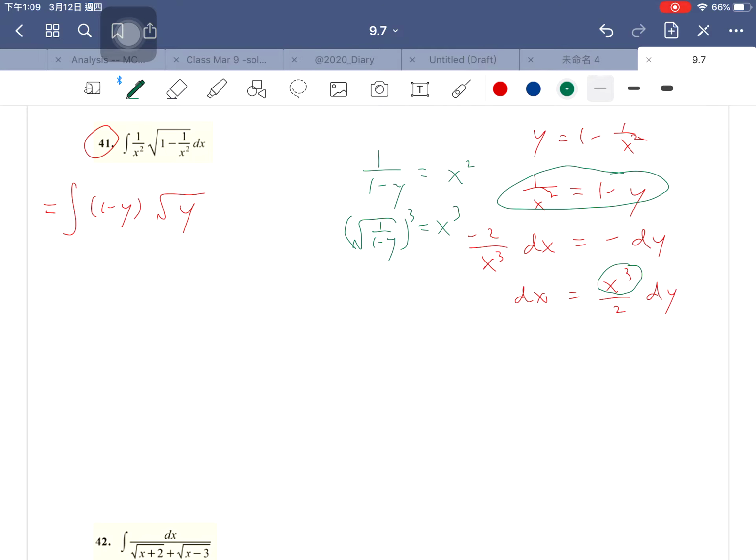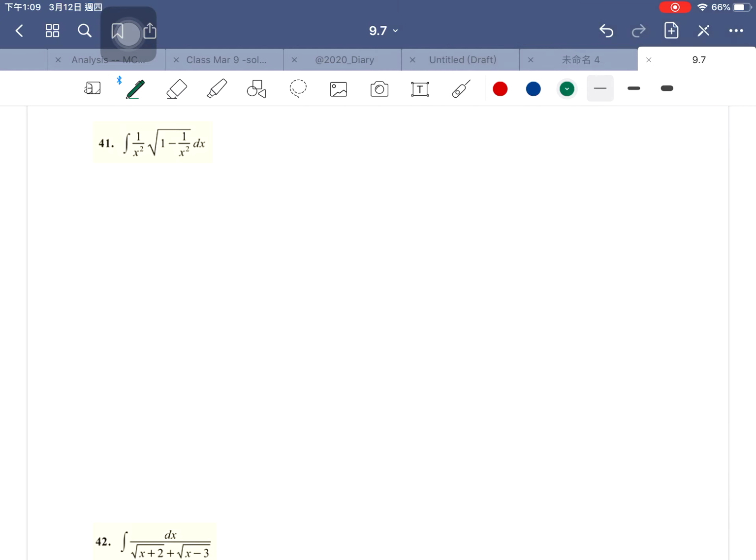So what I'm going to do is clean this part, and we consider it. I try to consider this as the form root a squared minus x squared. Then I will let x become a sine theta.